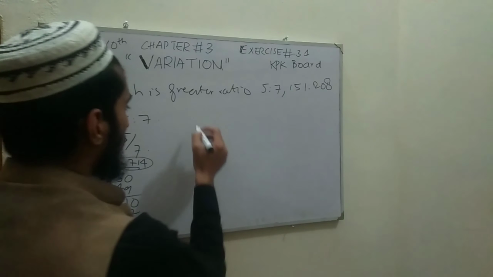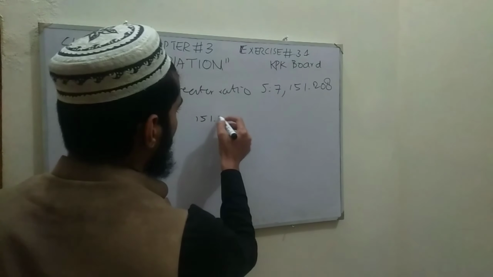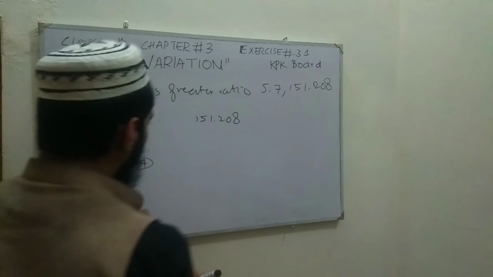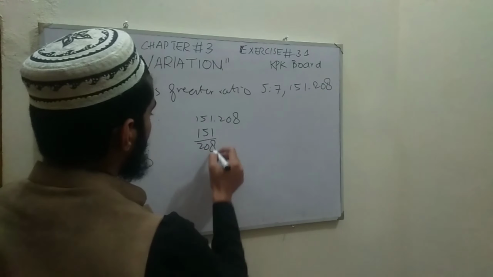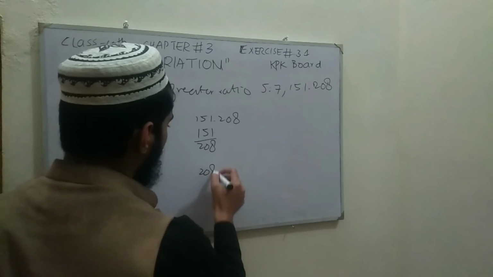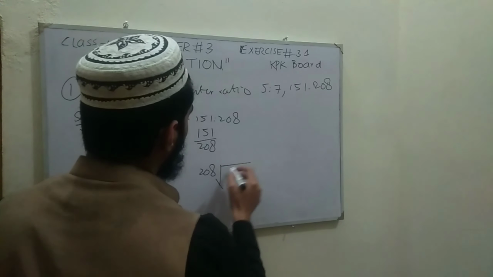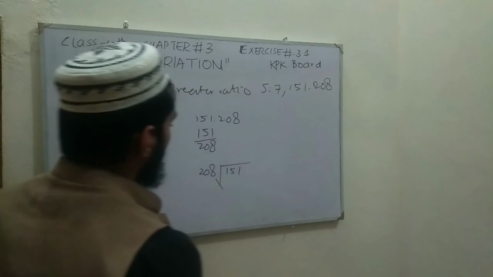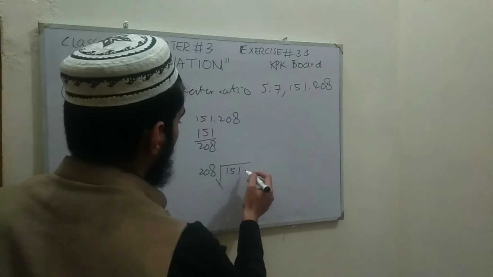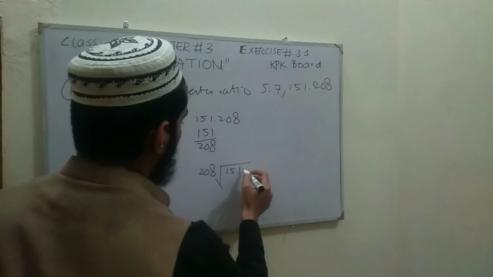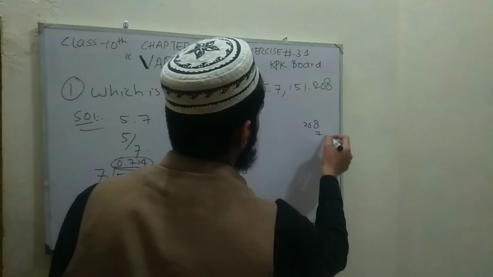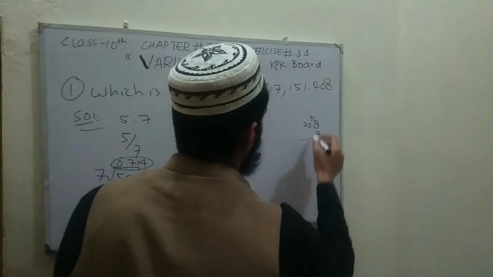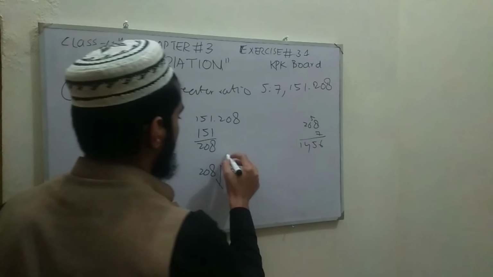Now check the ratio 151:208. We can write it in the form of division: 151 divided by 208. It cannot be divided, so we bring 0 here. 208 multiply 7 gives us 1456.